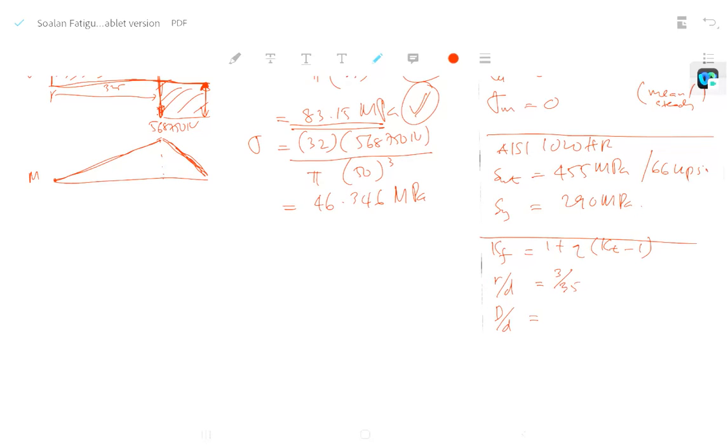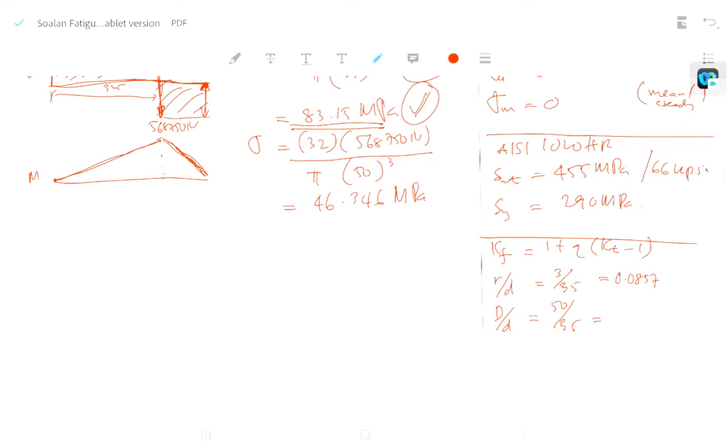Capital D is 50. So 3 divided by 35 gives 0.0857.